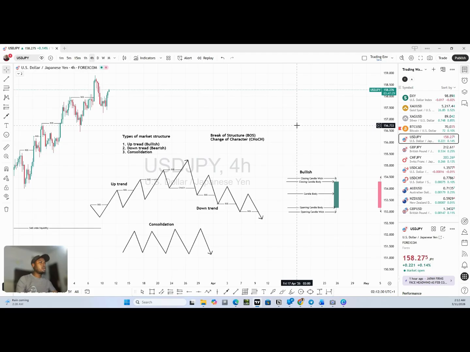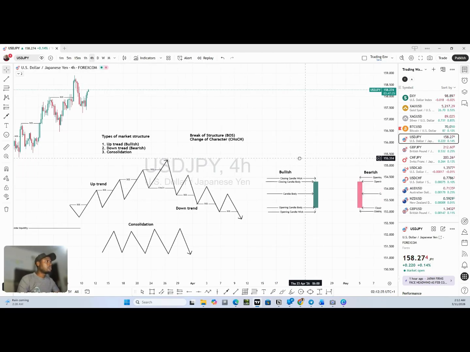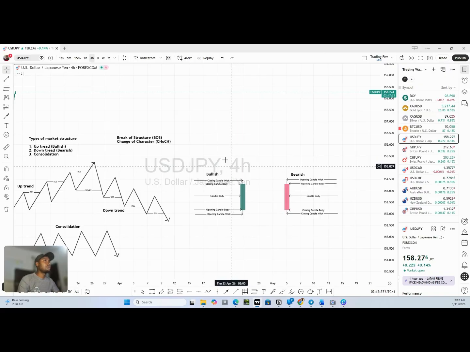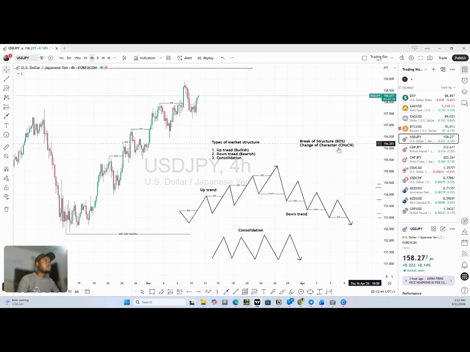The second thing is we are going to talk about market structure. Or before talking about market structure, we should talk about time frames. For example, these candles that you are seeing, every candle is representing the activity for an entire 4 hours. This one candle represents that. If you change it to daily, it is the same. For example, how many 4 hours do you have in one day?